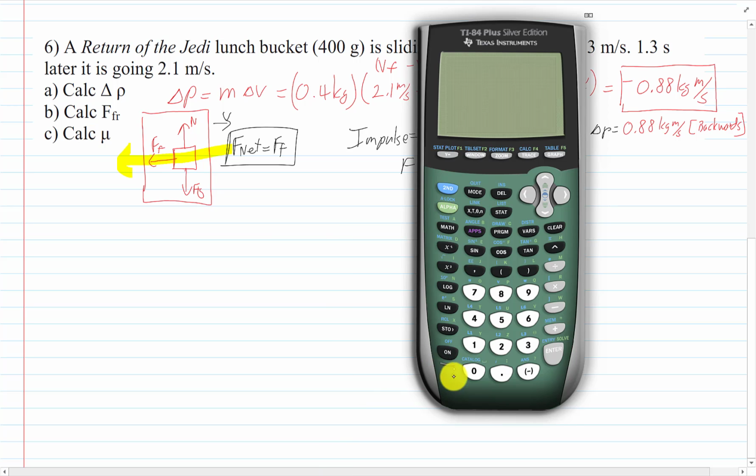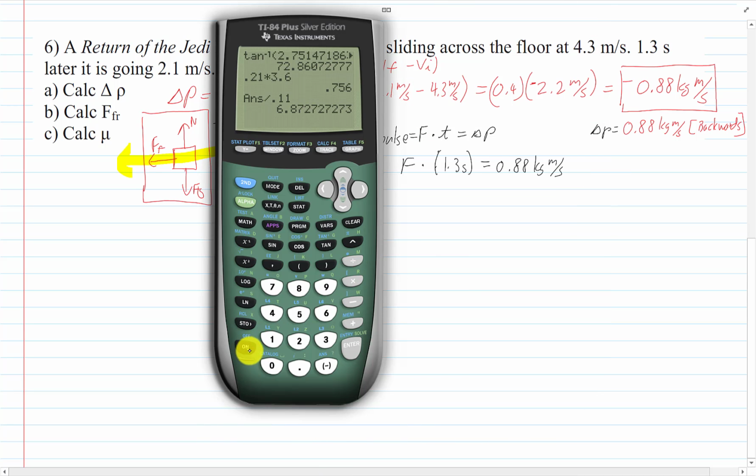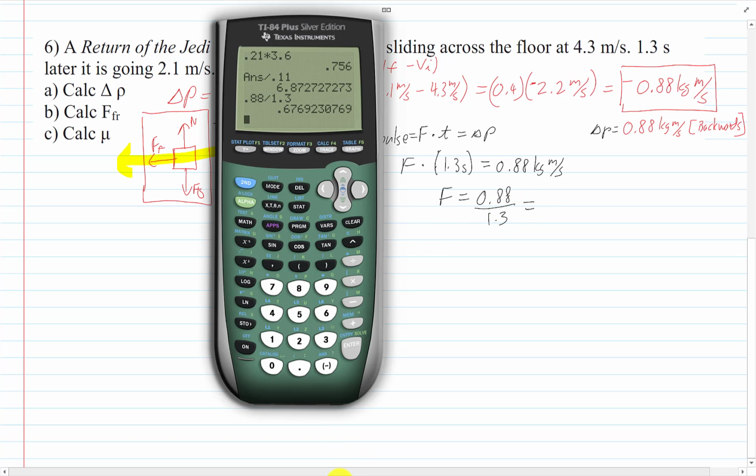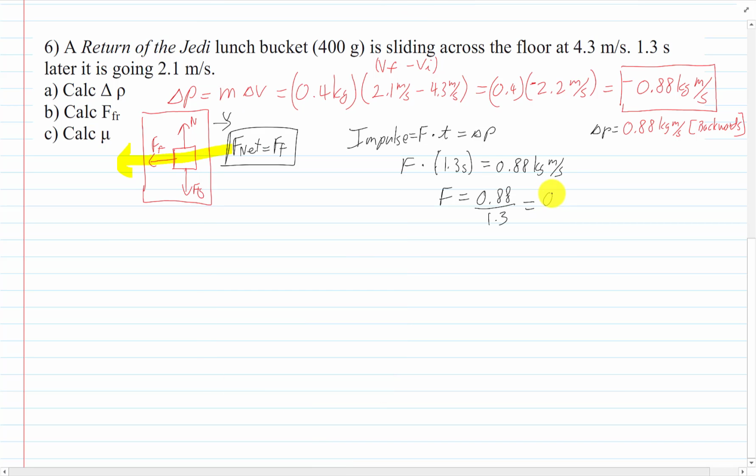So pull up Mr. Calculator, and we will go 0.88 divided by 1.3, and we get that the force is 0.677 newtons, and that too will also be backwards.